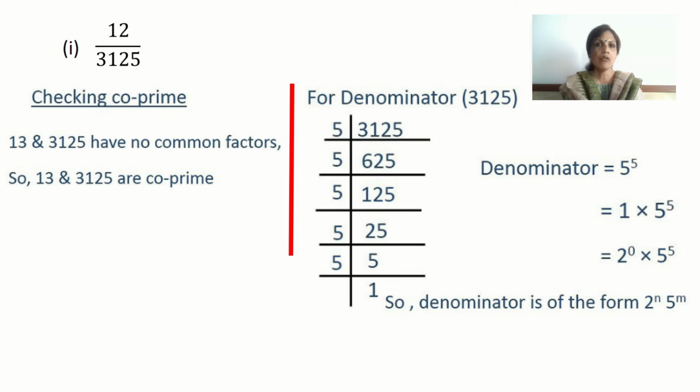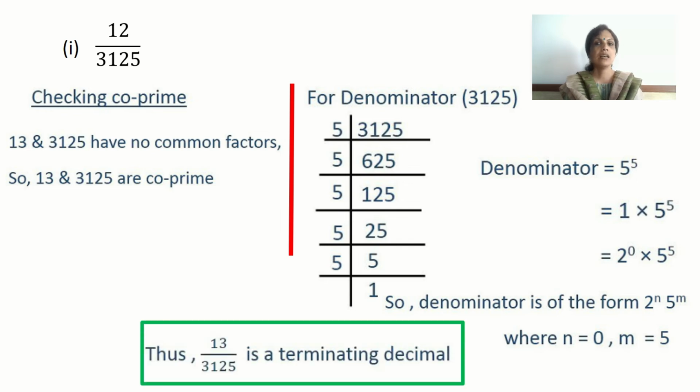And what is the value of n? n is 0 and m is 5. Since the denominator is of the form 2 raised to n, 5 raised to m, we can say that 12 upon 3125 is a terminating decimal. The decimal expansion of this fraction is terminating.